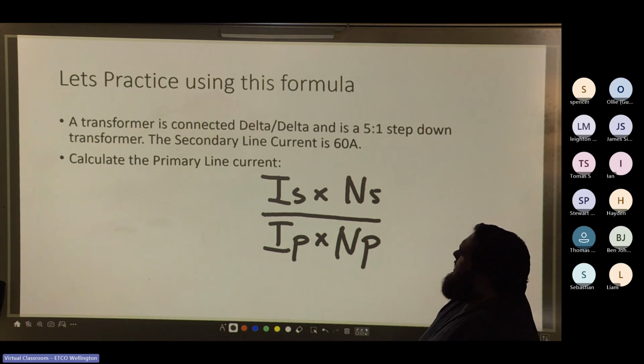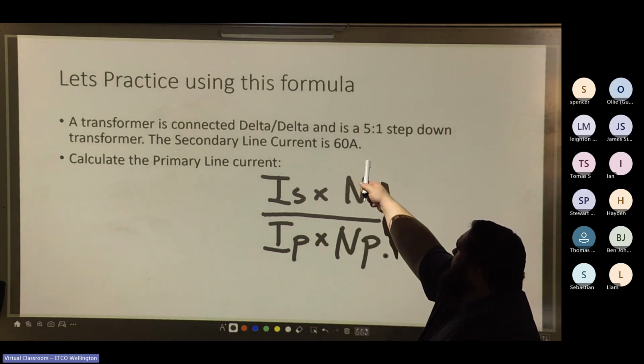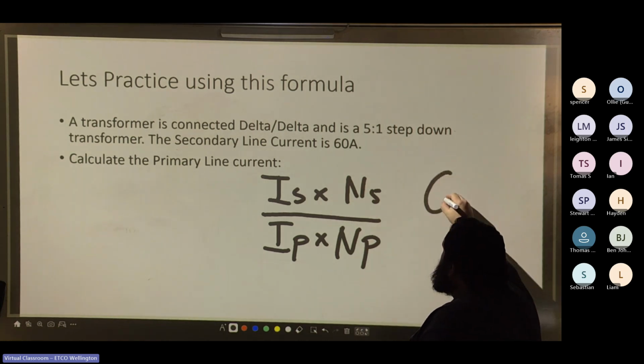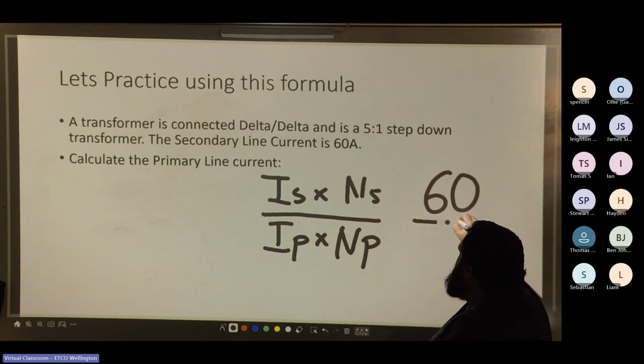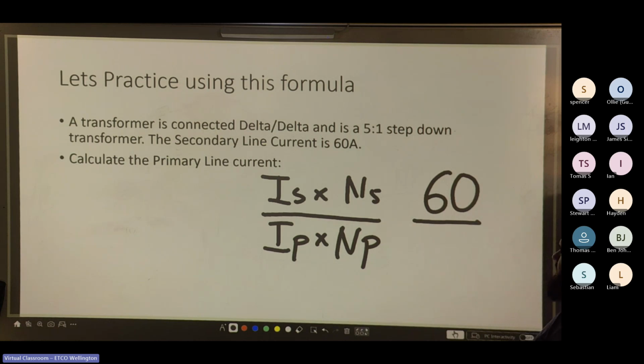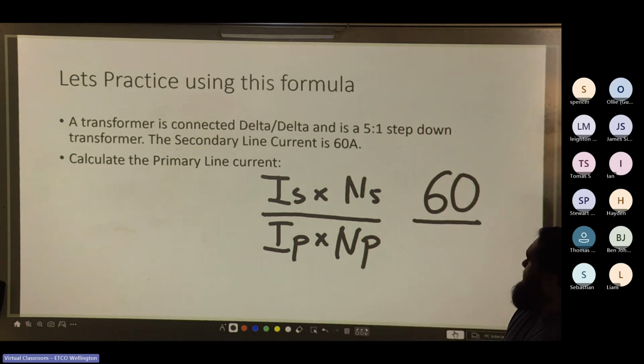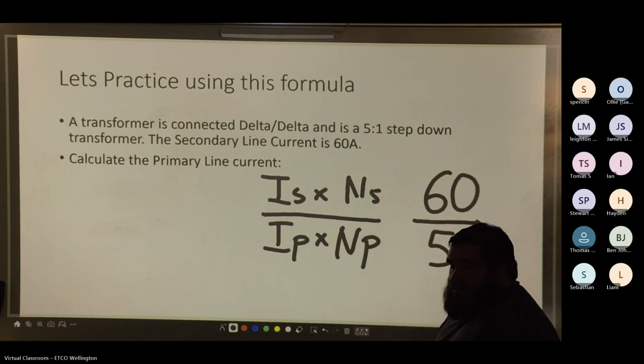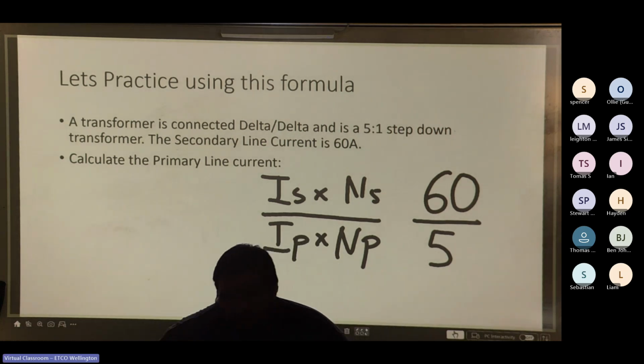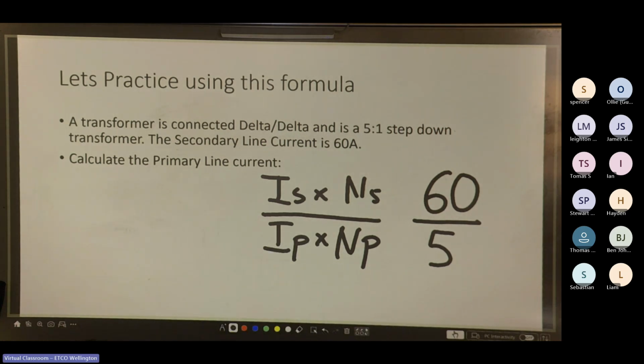Secondary line current is 60 and our secondary turns are 1, so it's still 60. We're trying to figure out the primary line current, so we ignore that and take the number of primary turns, which gives us 5. So 60 divided by 5 gives us 12 amps.